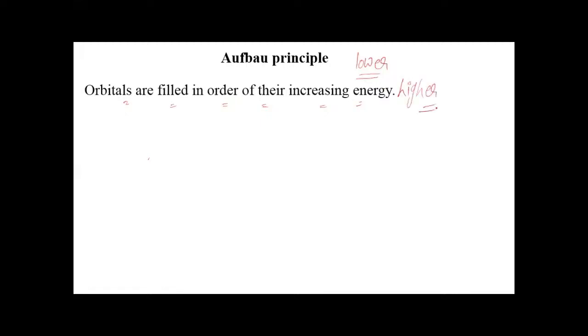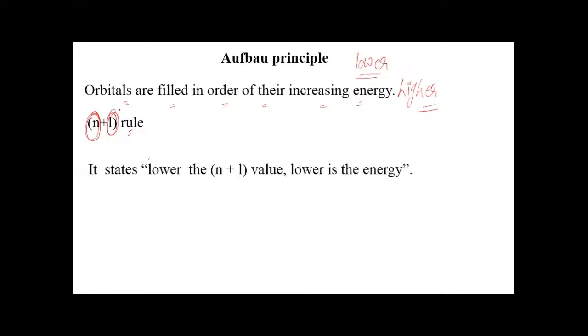Here we will follow the n plus l rule, where n is the principal quantum number and l is the azimuthal quantum number. It states that the lower the n plus l value, the lower is the energy, or if the n plus l value is higher, then the energy of the orbital is higher.